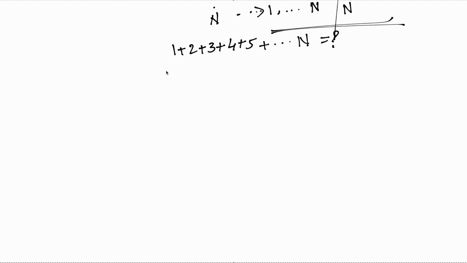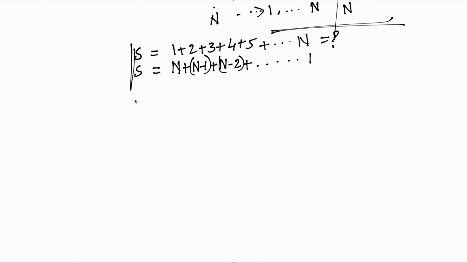Let's assume this is equal to s, sum, and the same we can also write as n plus n minus 1 plus n minus 2 plus and so on till 1.